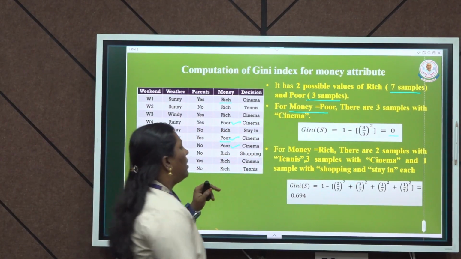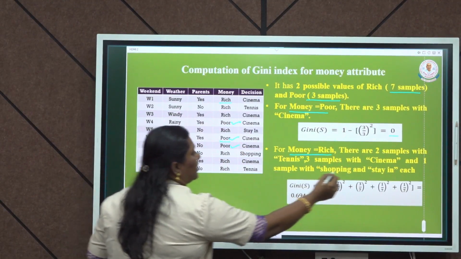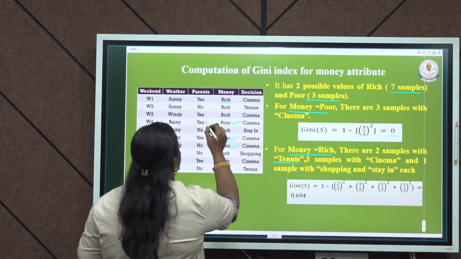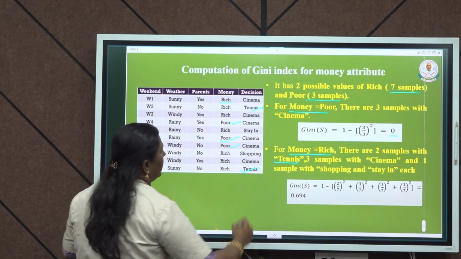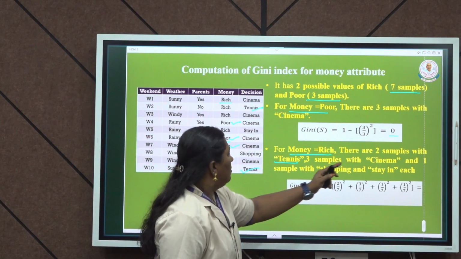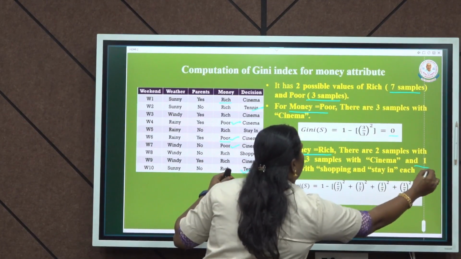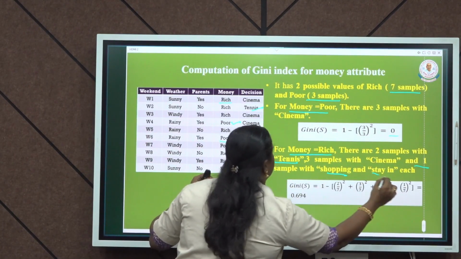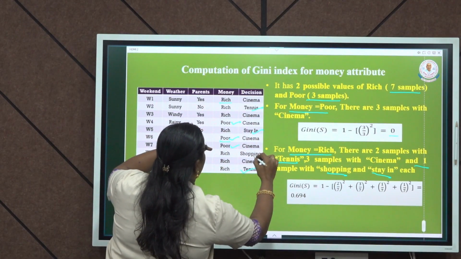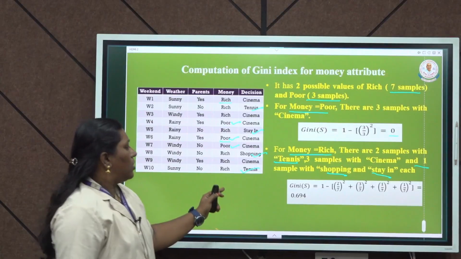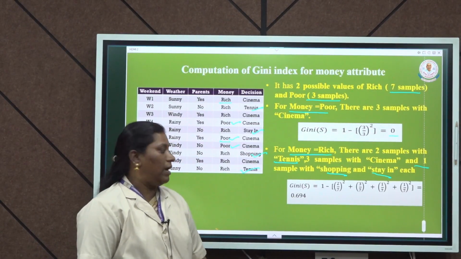Next, when the money is equal to rich, there are 2 samples with tennis, then 3 samples with cinema, as well as 1 sample with shopping and 1 sample with staying. Now we are applying the instances with the Gini index formula.